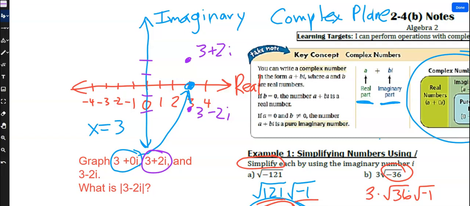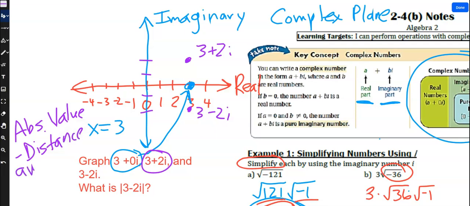Now, what is absolute value? Absolute value is a distance away from 0. What do we know about distances?